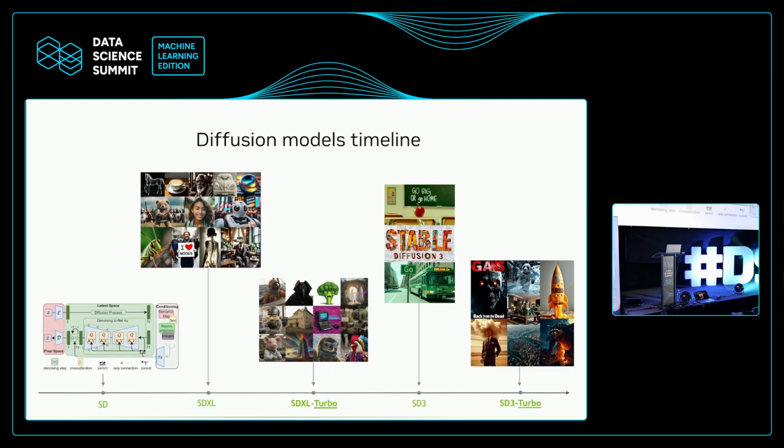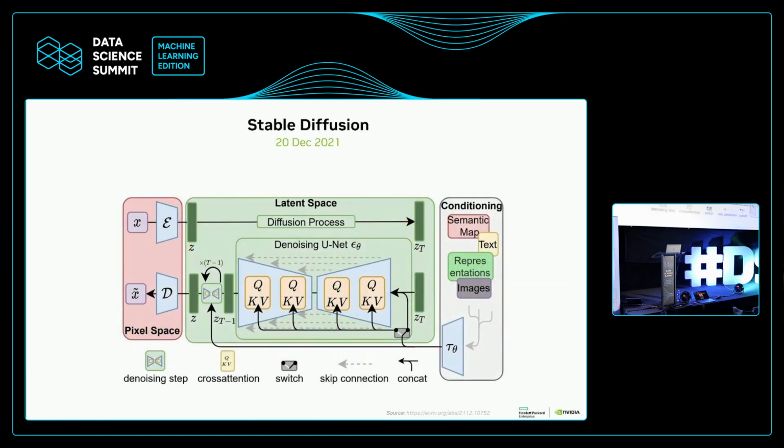And now let me just quickly introduce you to how Stable Diffusion works. In Stable Diffusion, we start from the pixel space. The X represents data coming from our training dataset. We use our pre-trained encoder to encode it into the latent space. And here we perform a forward diffusion process. That's a pretty complicated name.